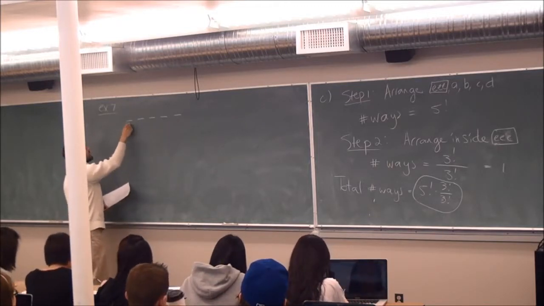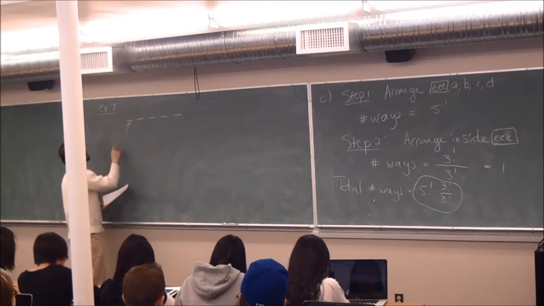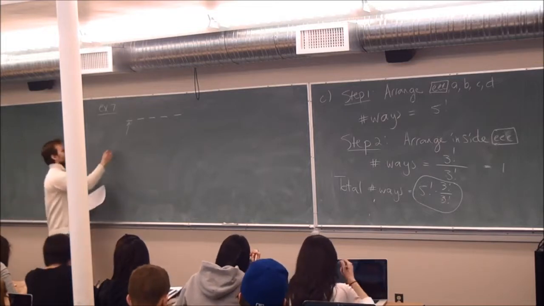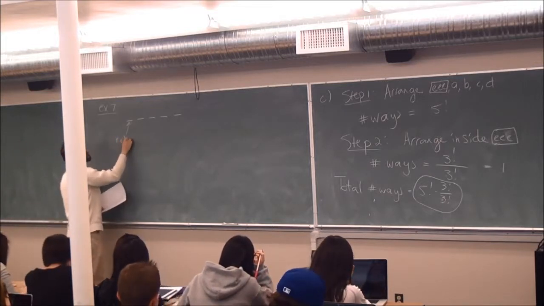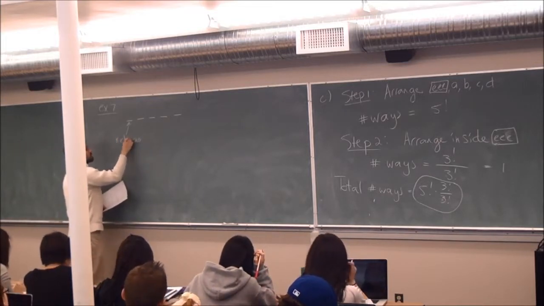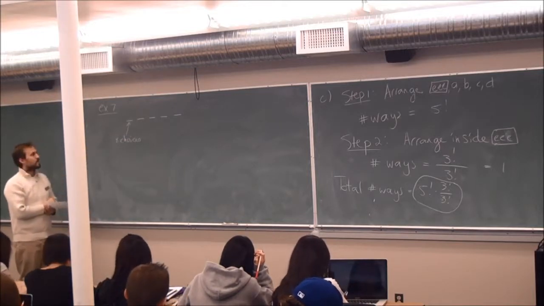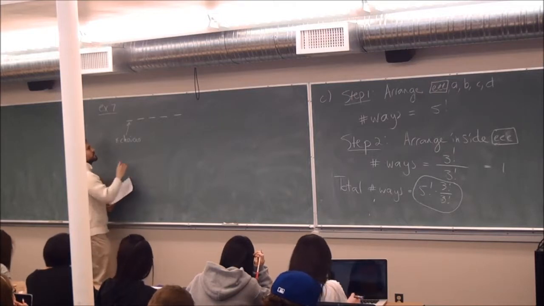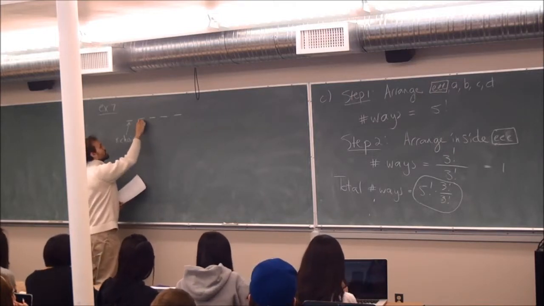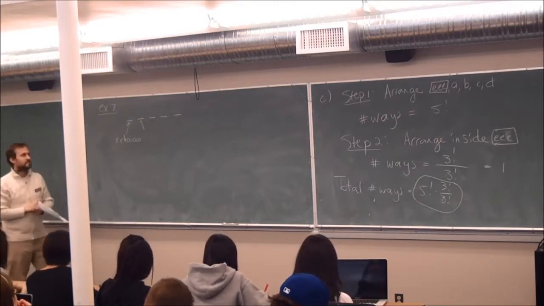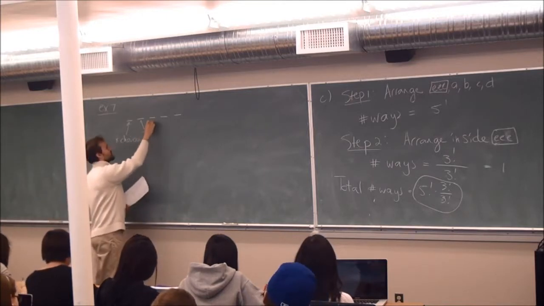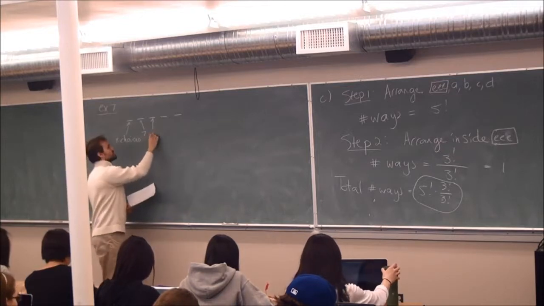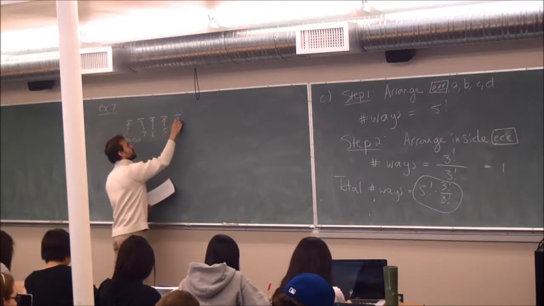How many choices do I have for the first seat, or the first position? I have 8 choices, because there are 8 people to choose from. So I sit down the person in the first chair. How many choices do I have for the next position? 7? It's not overly challenging. And then I have 6, and then 5, and then 4 people.